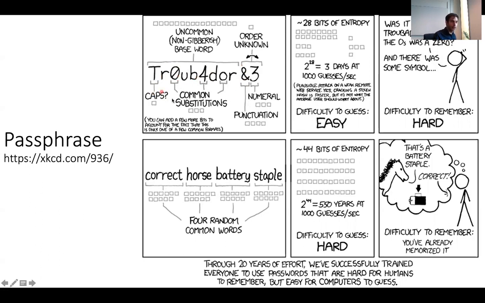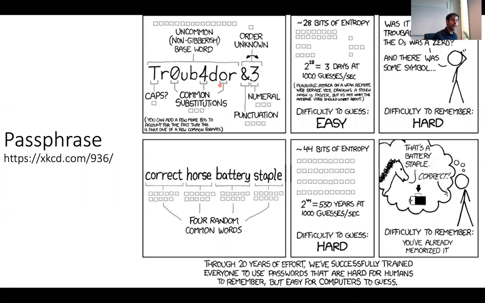For instance, some word, and then some substitution of letters with numbers in the word, picking some caps over the password, perhaps adding some numbers and some symbols at the end to satisfy the format of the password.